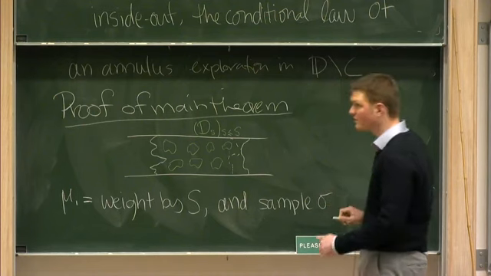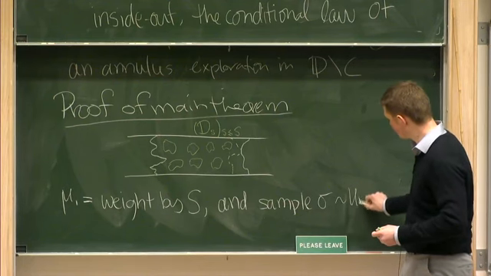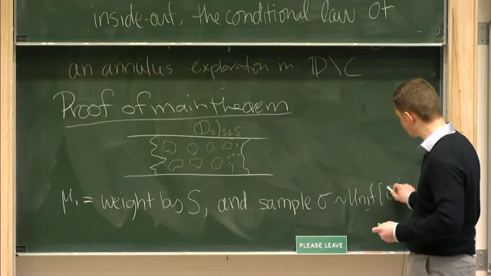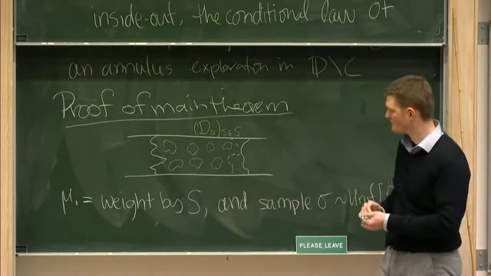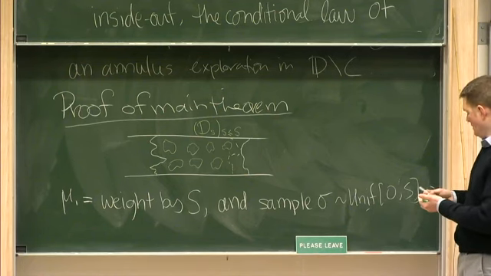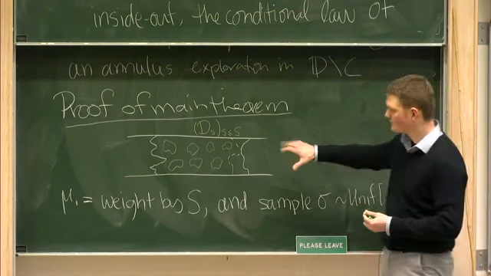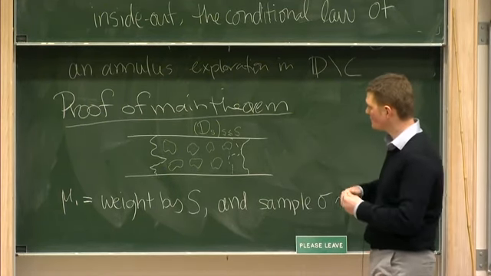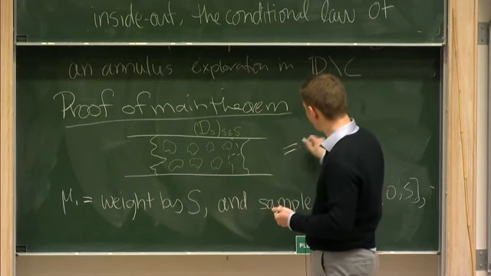What I'm going to do is sample sigma from the uniform measure from 0 to S. So it's just a uniform random time in between here and here, exploration time. Sorry, what's the measure that you weight? Stationary measure on these. And what's the measure on?